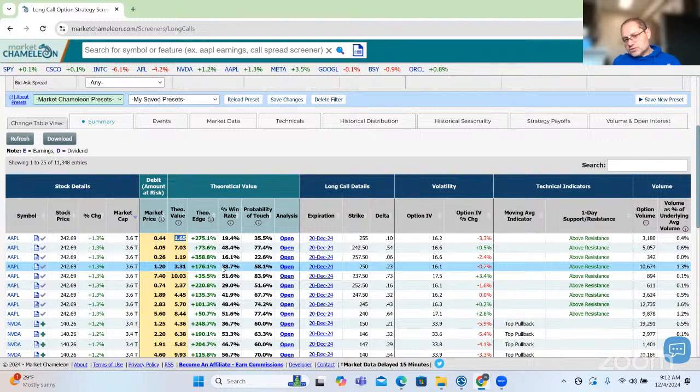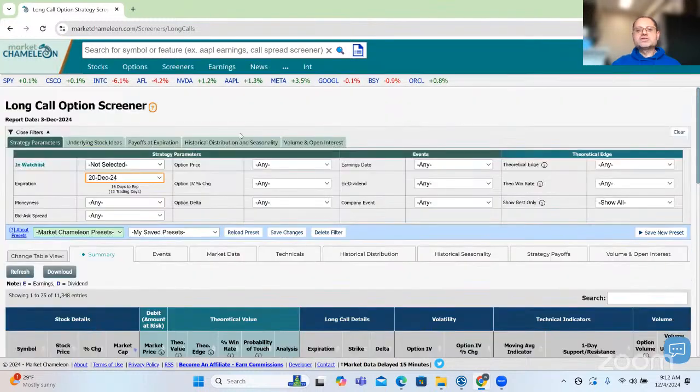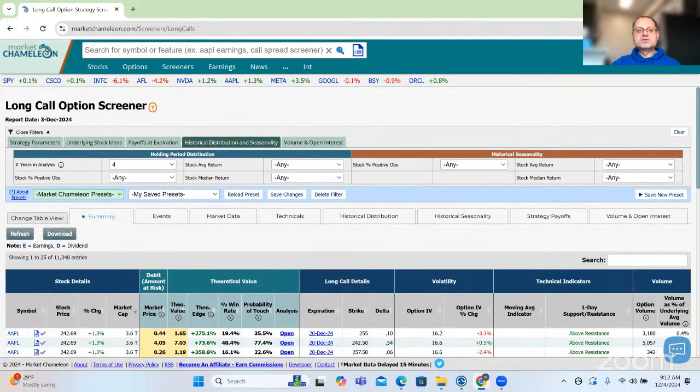I think you can actually change this model with some of these available filters. This is looking at 4 years of history. We could rerun the model right from here by changing the number of years, but let's stay on the 4 years.